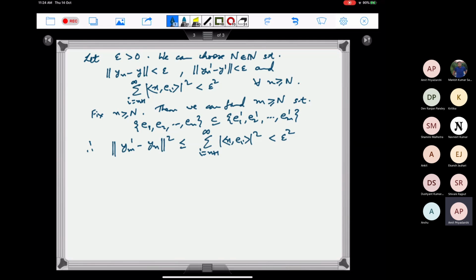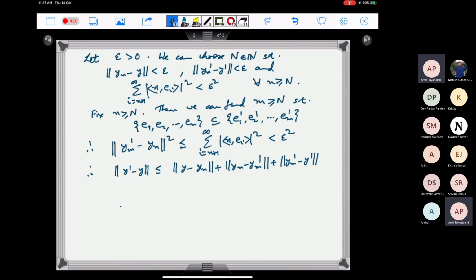So this will imply that the norm of y dash minus y can be written as less than or equal to the norm of y minus yn plus yn minus ym dash plus ym dash minus y dash.